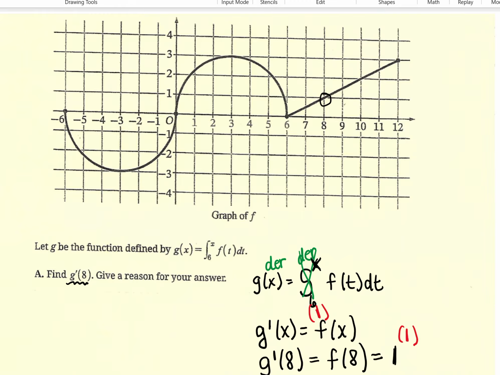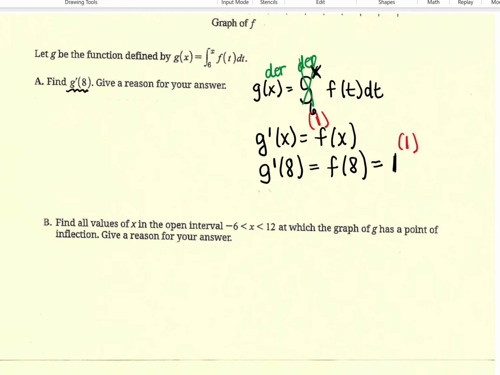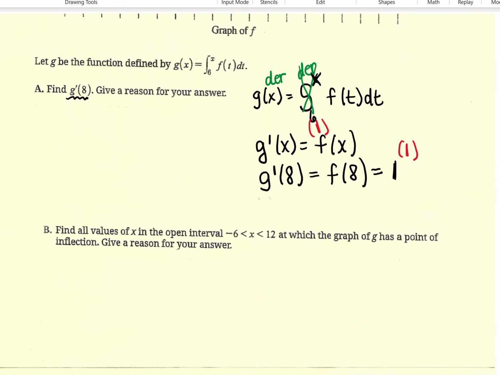All right, let's take a look at part B. Part B says find all the values of x in this open interval at which the graph of g has a point of inflection. To have a point of inflection means the second derivative changes signs, or the slope of the slope, if we know that derivative is slope.